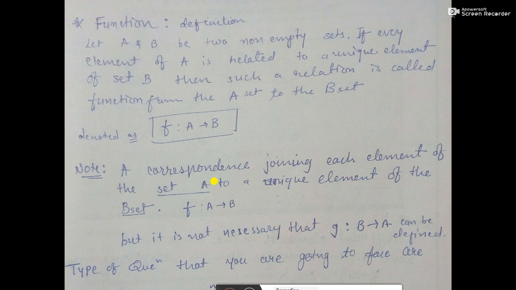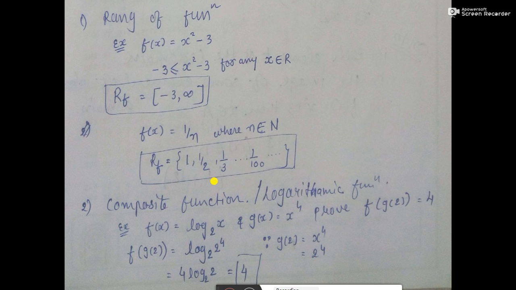Let's move to the questions that you are going to face, with the 4 types which I have already told you: a range, composite or logarithmic function, inverse function, or you may face an algebraic function in the function topic. So if there is a range of function, it means what? Range means from to from. If you are having a function f of x is equal to x square minus 3, then what will be the x value from first to last?